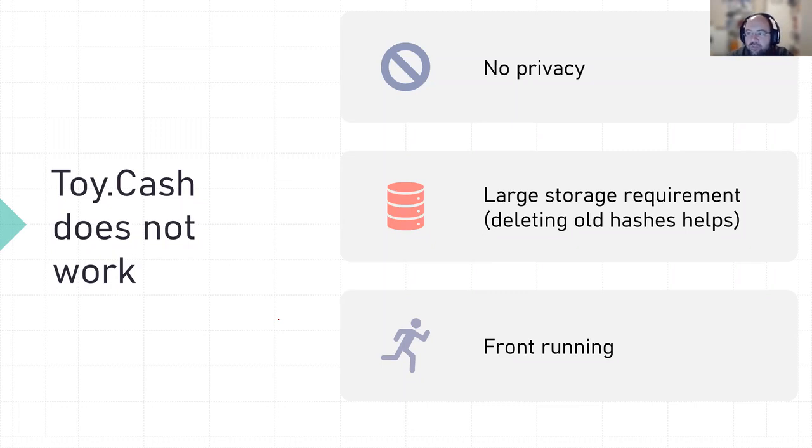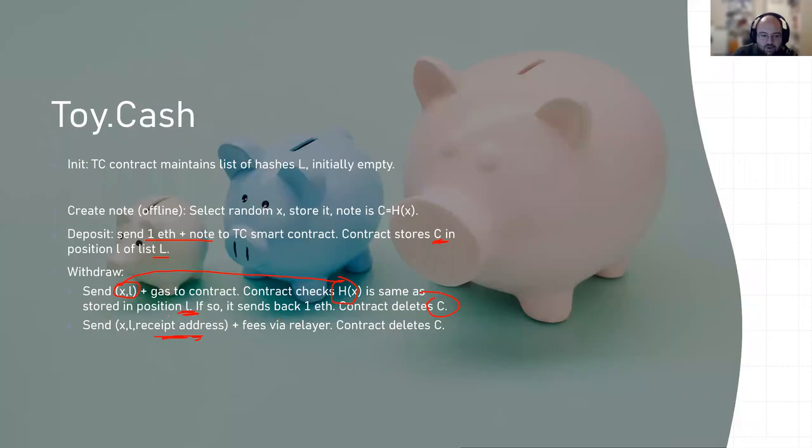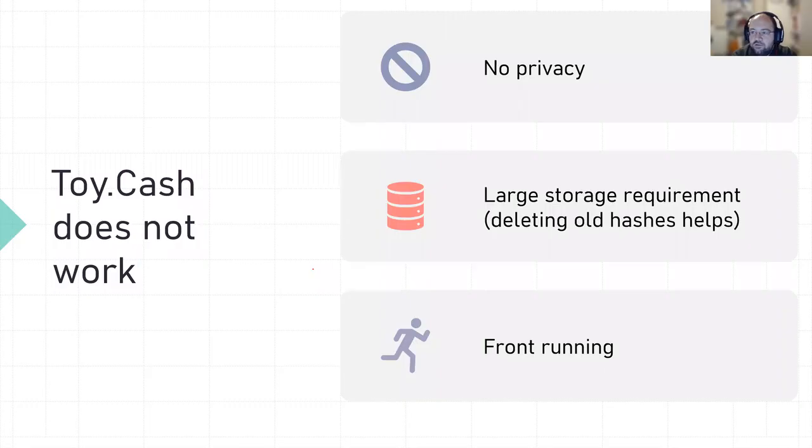But the biggest problem with this is front running. Because if I'm sending the secret value in plain text to the contract, then somebody can just pick up that value and send it before me, and then I've lost my money. So Toy Cache does not work.